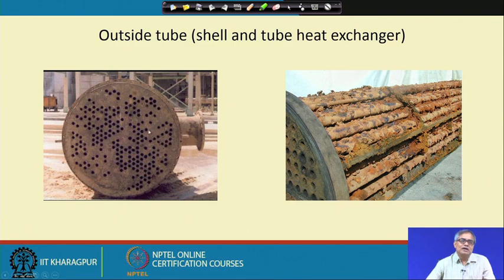So, obviously, here the fouling has taken place outside the tube also, and here the tube bundle has been taken out of the shell. Clearly one can see that fouling has taken place, probably corrosion has also taken place, the rusting kind of a thing one can see. And so, when fouling is taking place, it is not only on the tube surface, on the baffles also the fouling has taken place. So, let us go to the next slide.